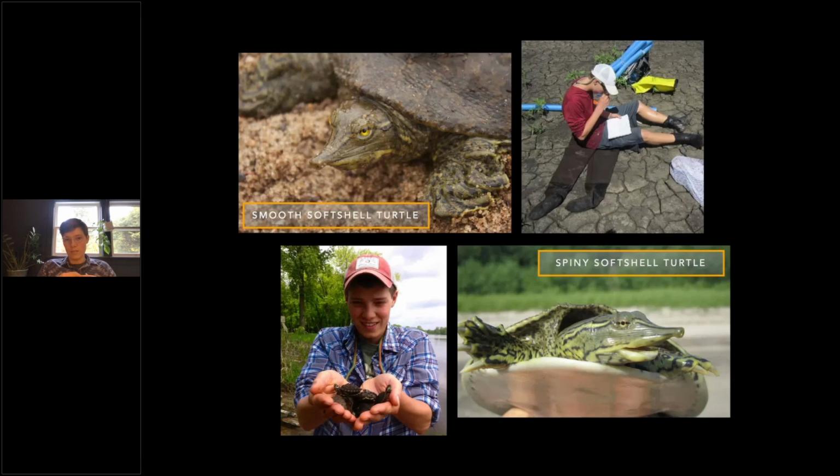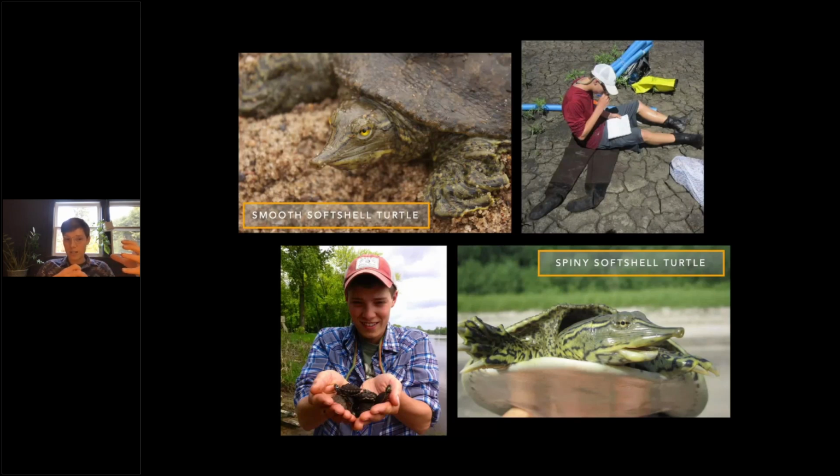Essentially, the Minnesota DNR wanted to know if these two populations are healthy within the Mississippi River watershed. My lab under Dr. Stephen Friedberg at St. Olaf College in Minnesota was out trapping turtles, collecting data and tissue samples so that we could do genetic analysis and determine if there's a great difference in genetic diversity between those two species.